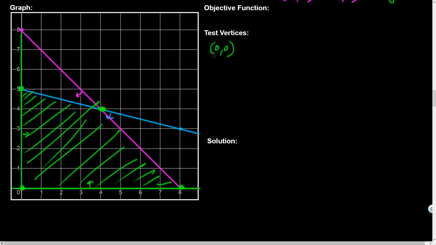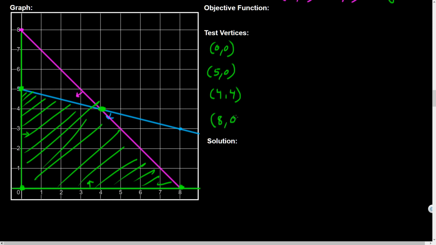That would be 0 haircuts, 0 cut and colors. If that's her situation, then she should shut down her business, because that wouldn't be a good combination. If we optimized her income and found out, don't do any work, that's not a good situation. We've got 4, 4. And the last one is 8, 0.